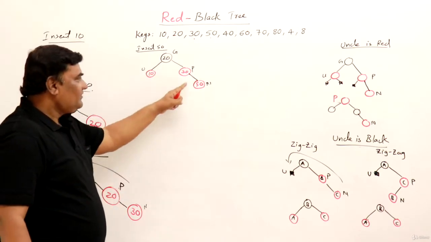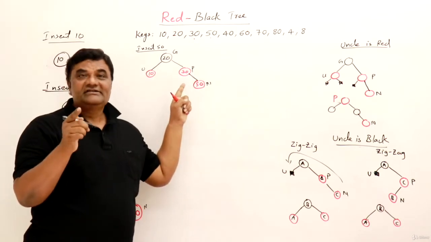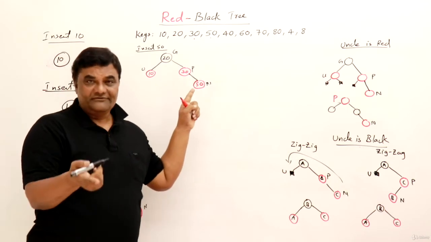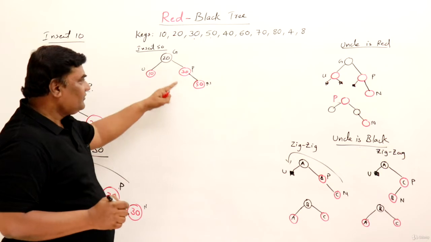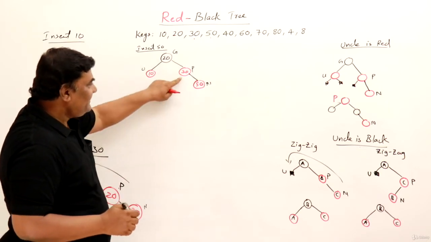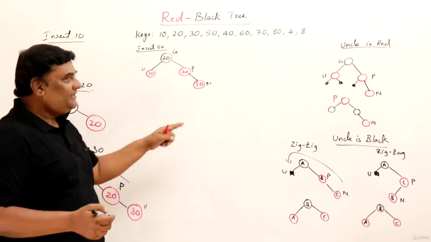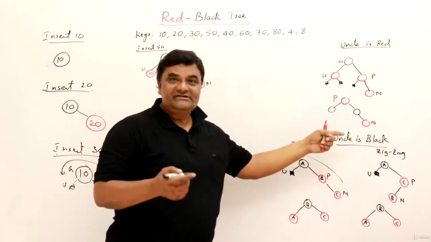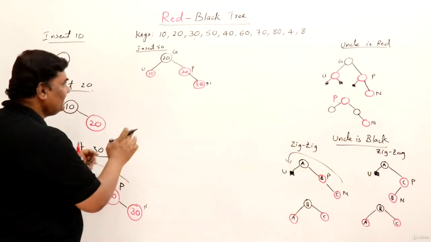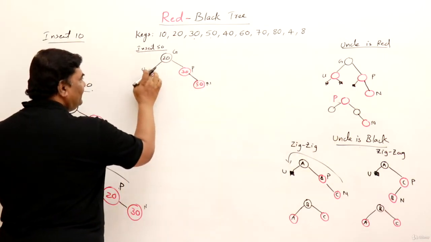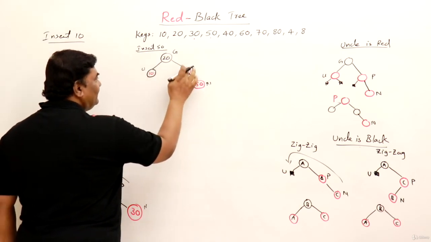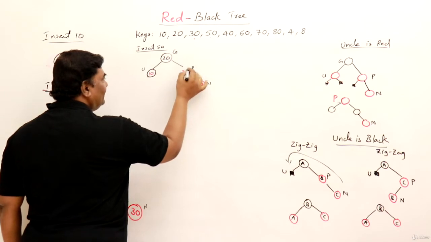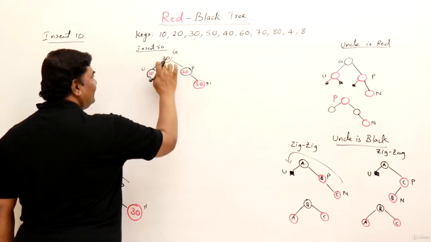Now there is a red conflict. As I said, if there is red conflict, then only you have to perform a recoloring or rotation. So red conflict is there. Parent is red and uncle is also red. So if parent is red and uncle is also red, means change the color. So let us change the color. So in this tree only I will modify, change the color, make this as black, and this also as black, and this as red.